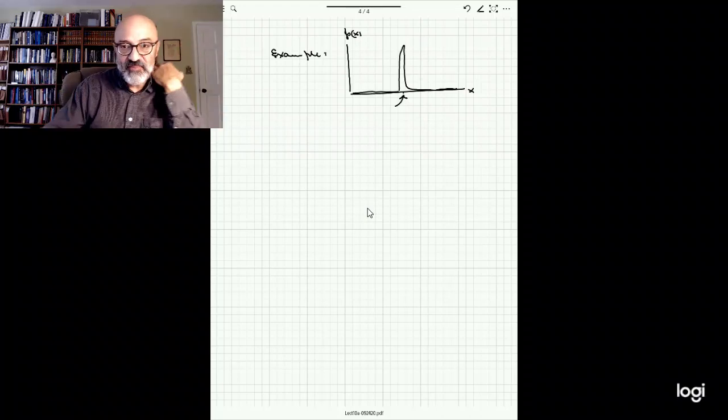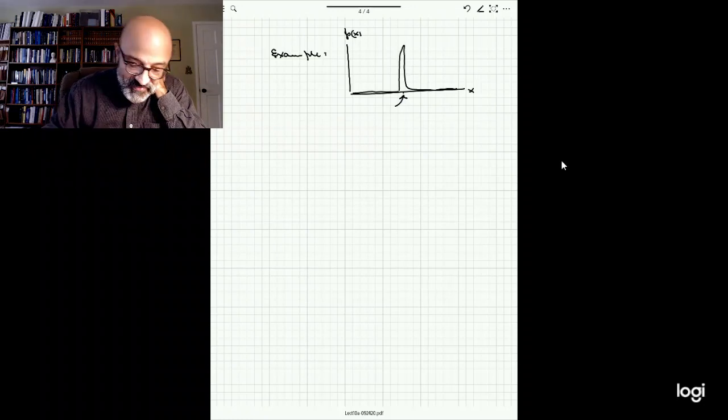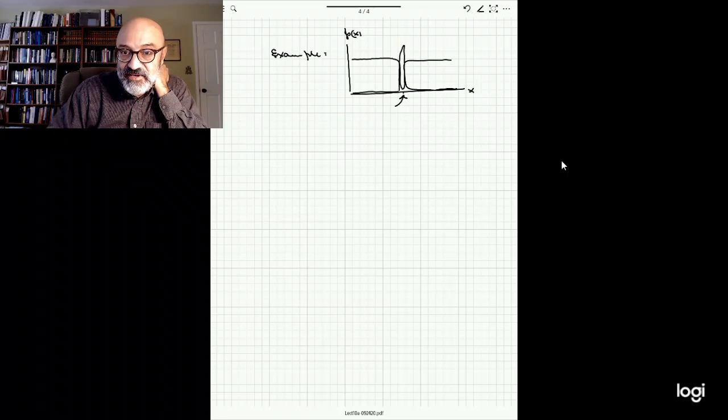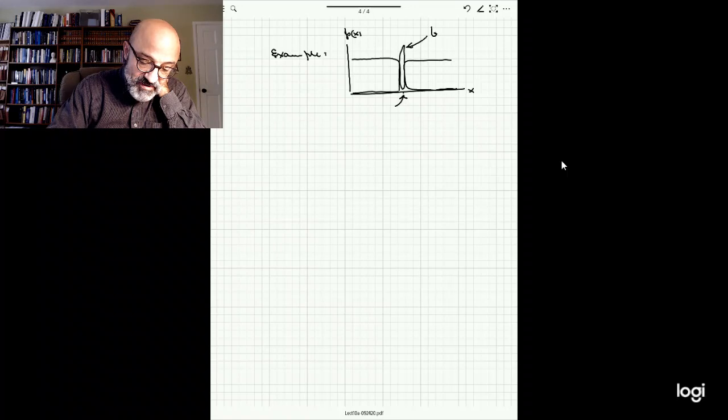I acquire data, the keys are not in your pocket. I update my probability distribution, and what I end up getting is a probability distribution that says, well, the keys are not in your pocket. They could be essentially anywhere. So this is before, and this is after.